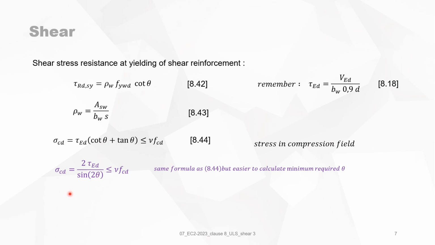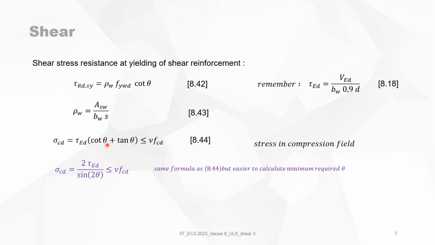So you can use a theta, for instance, the smallest one. Then you do your calculation, you check it with 8.44, and you can find out that the stress in the compression field is too large. Then you have to redo your calculations with an adapted theta.